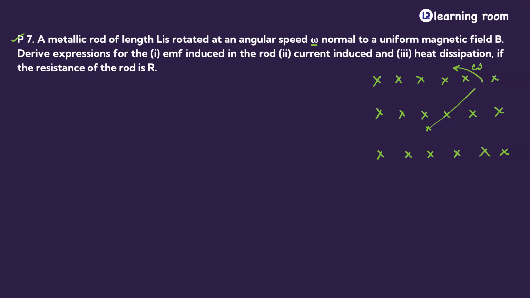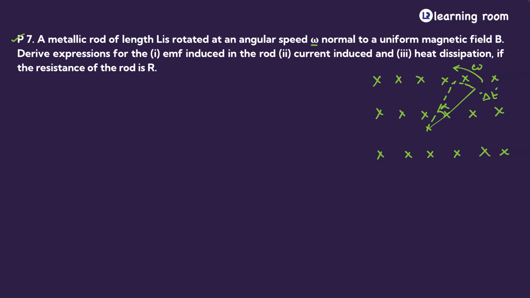Now, our job is to find the area that is swept by it in a small time interval, and then we will integrate it. Let's say it has moved from here to here, which covers an angle of alpha in time delta t.